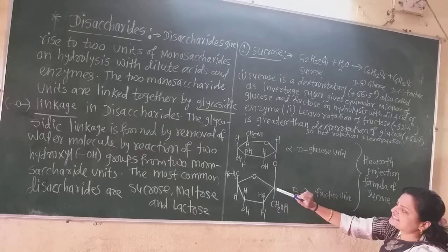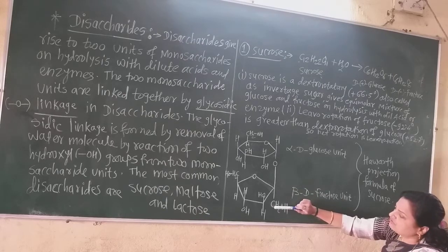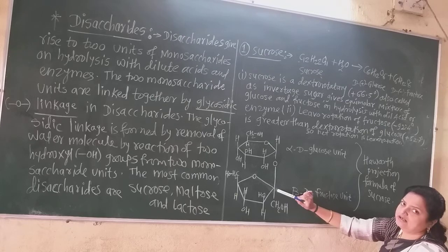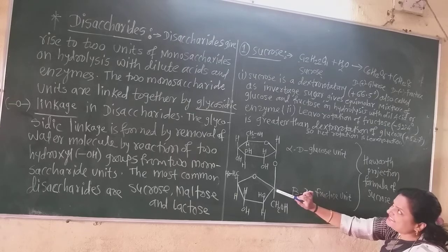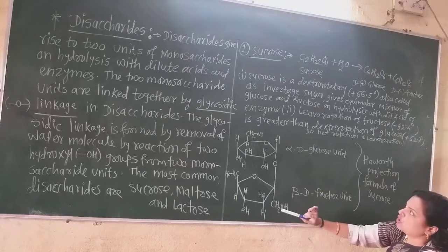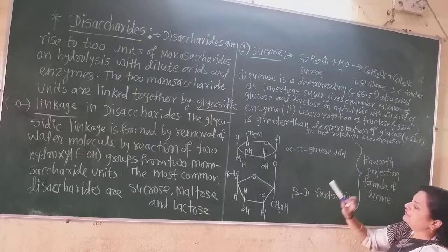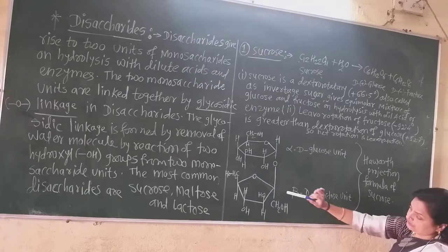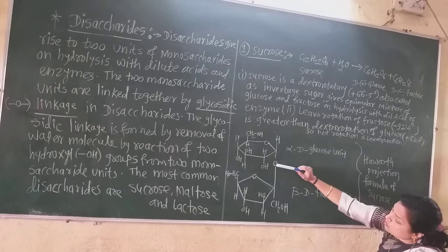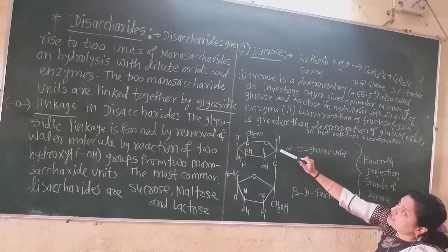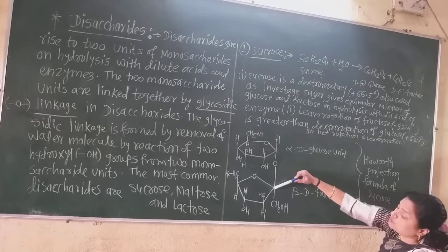We know this is the second carbon because this is the first, 1, 2. In the last lecture we already saw the Haworth projection formula of alpha D glucose unit and beta D fructose unit. There are the OH groups at the first carbon of glucose and the second carbon of fructose.